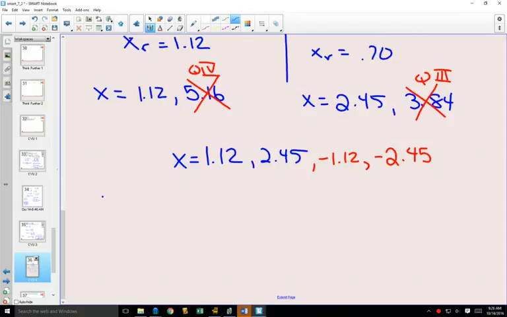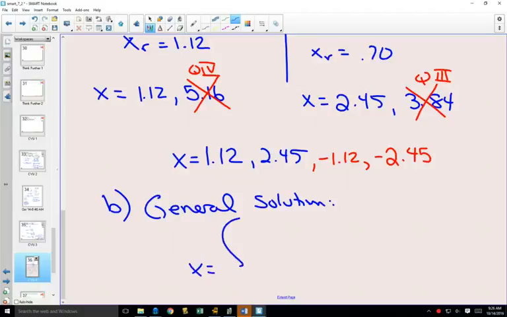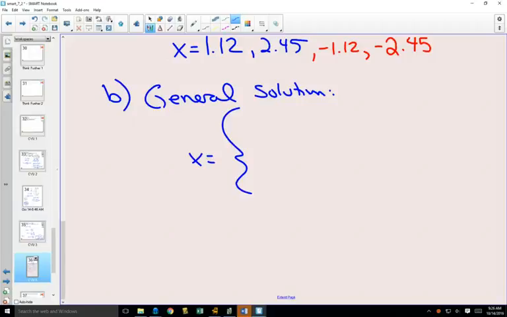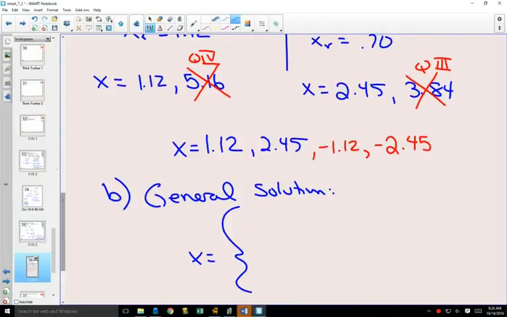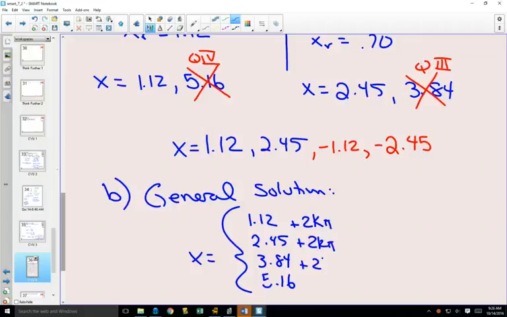And then in part B, for the general solution, we can take all 4 of our answers, 1.12, 2.45, 3.84, and 5.16, and add 2k pi to each of them.